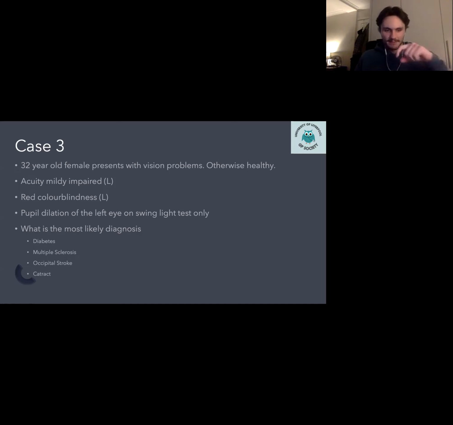So it's on the afferent fibers. So you're thinking optic neuritis, you're thinking multiple sclerosis, very common. I think diabetes could cause the same thing, but it's less likely. Occipital stroke would tend to cause not a problem with a single eye, but a visual field problem more. And cataracts doesn't really fit the history.